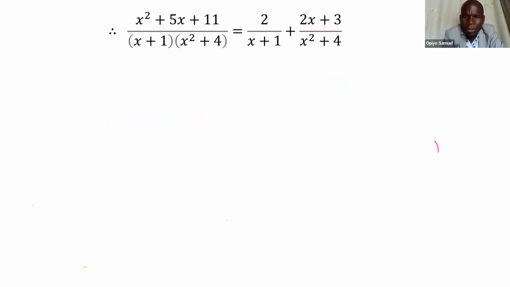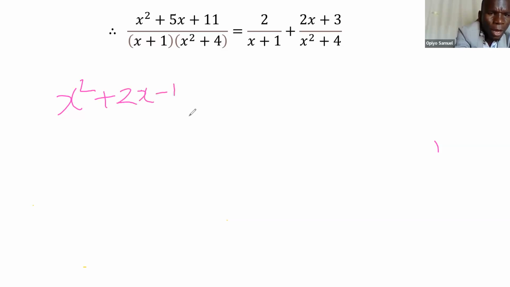For example, a fraction like x squared plus 2x minus 1 over x plus 1, x plus 3.